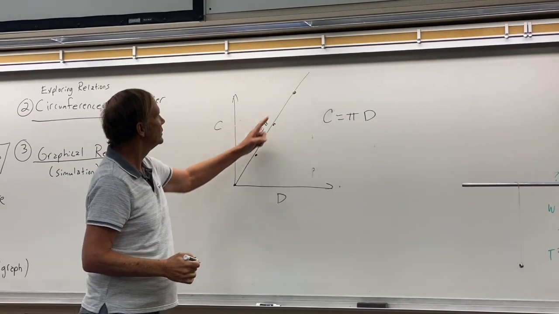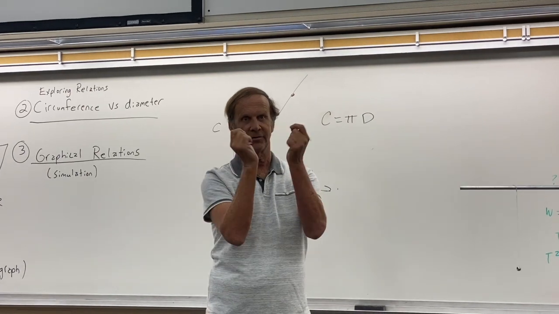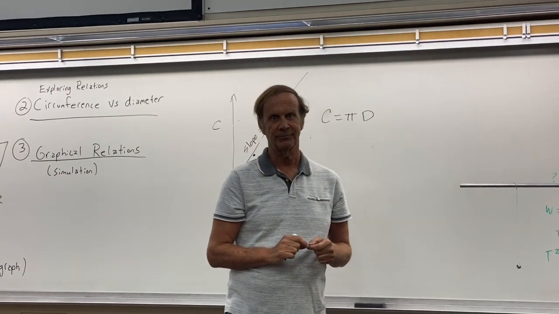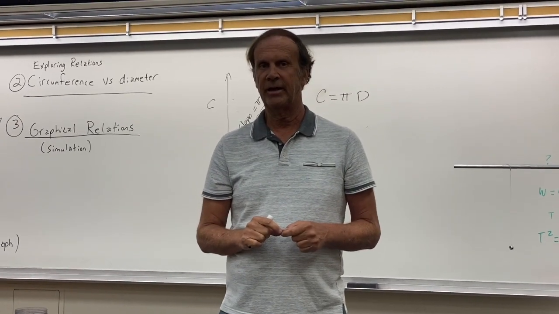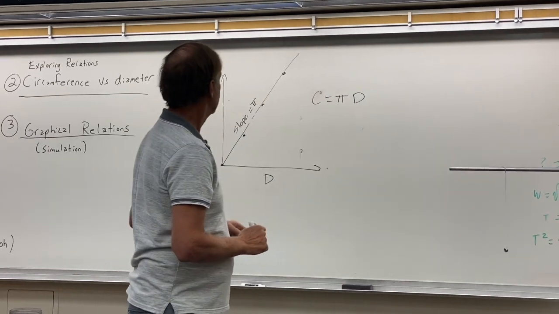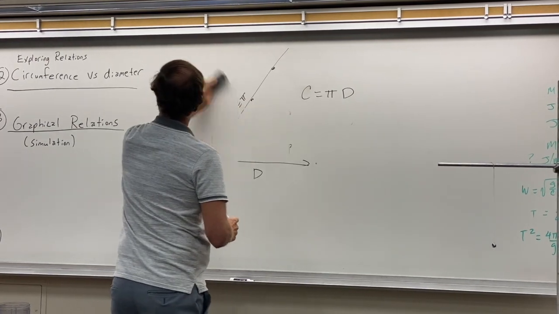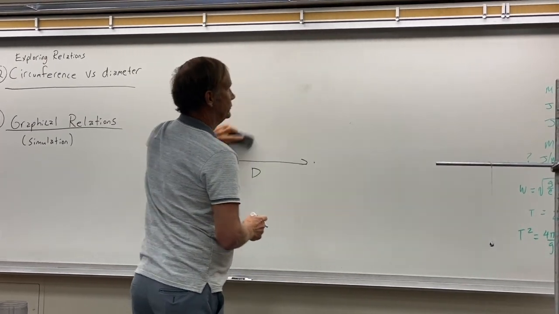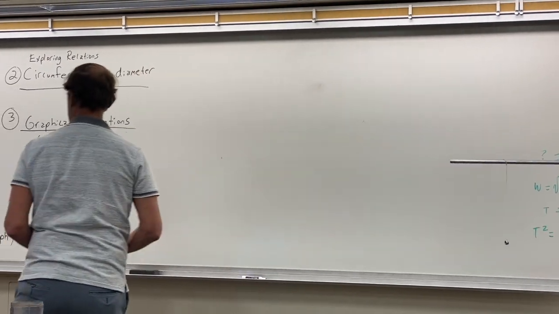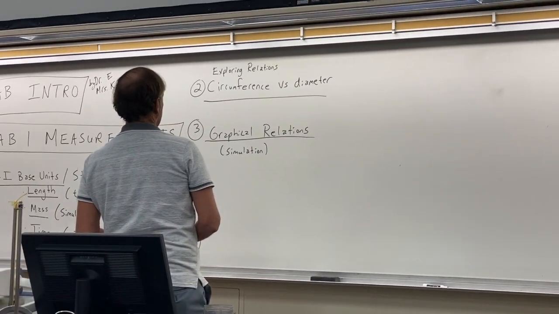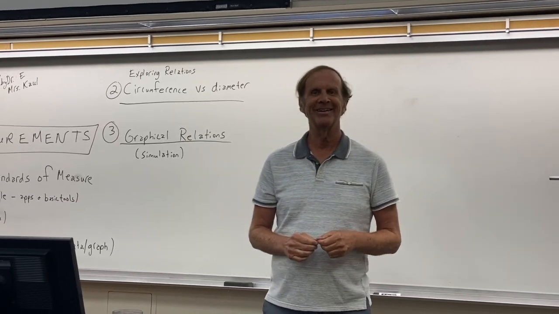So this is a simple way, by being able to measure lengths and lengths around a circular object, to get the value of pi. And so that, I think, is pretty straightforward. And so I think that concludes my section of the intro.